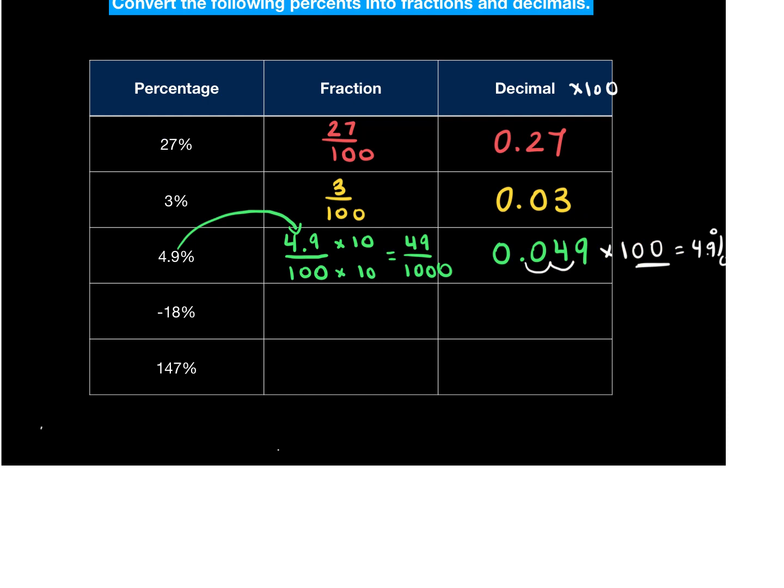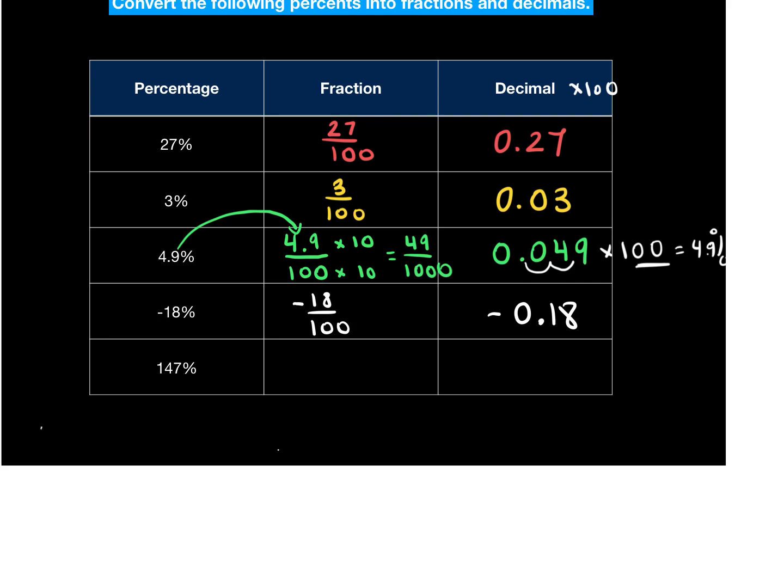If we have negative 18%, don't be thrown off. It's still out of 100. And we would still just have our decimal, right? 18 hundredths. Now this next one, this is what you guys were trying to do with 4.9. This is now more than 100%.